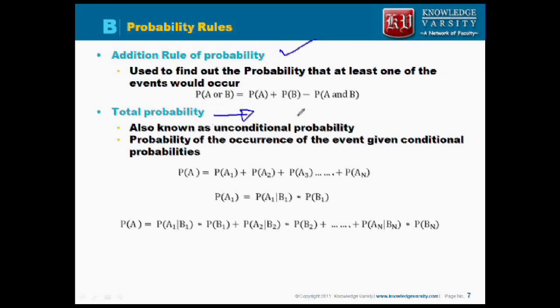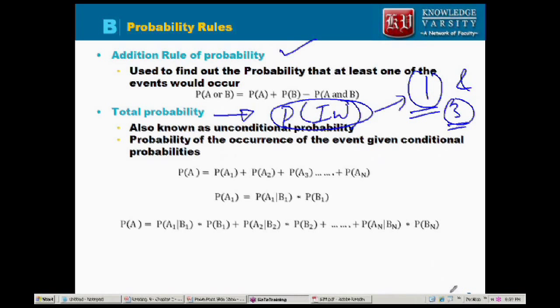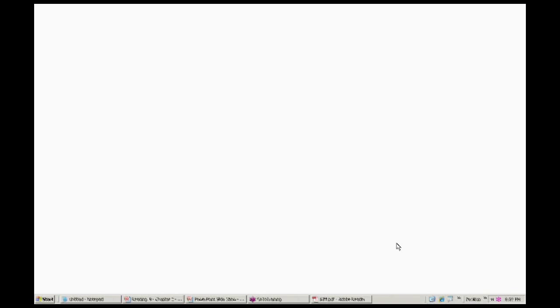Now what is total probability? If you see, we had computed the probability of India winning. The India winning probability was computed through node 1 and node 3, the summation of node 1 and node 3. So let's see again over here.